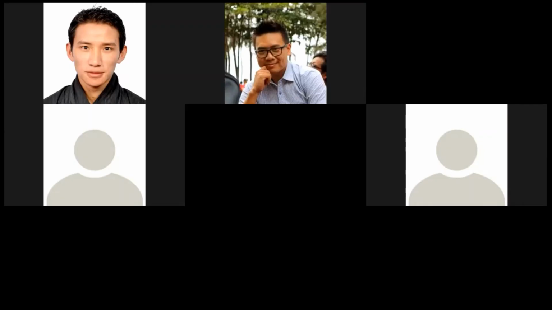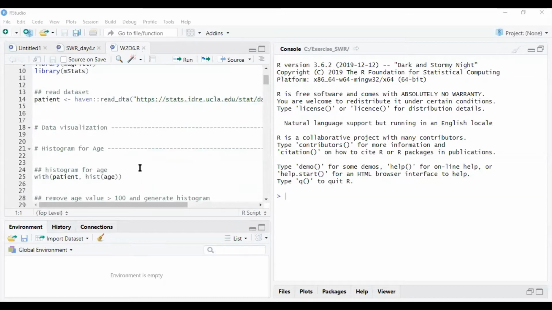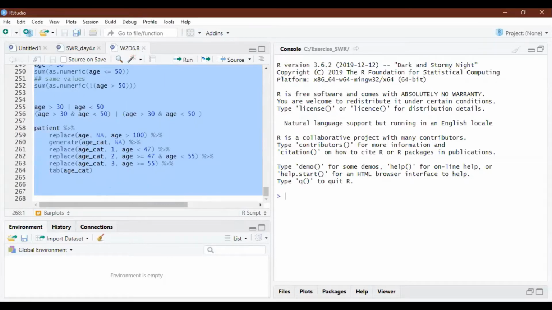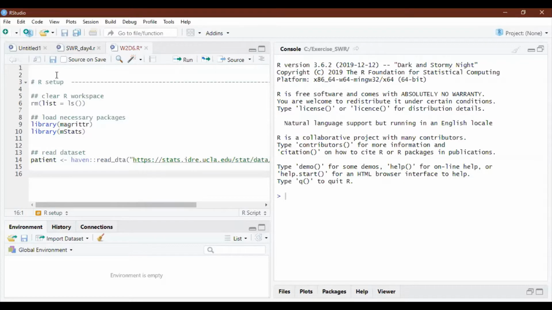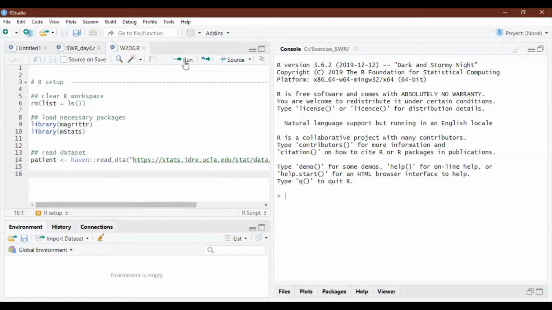We will look at it in RStudio. When you have opened it, what we want to do is delete everything except this setup, up to reading the data set. Remove the rest.